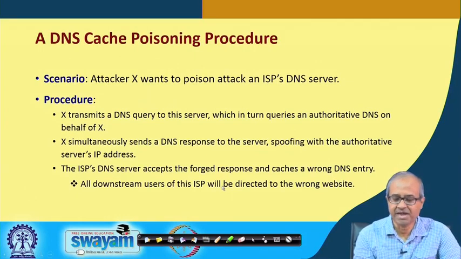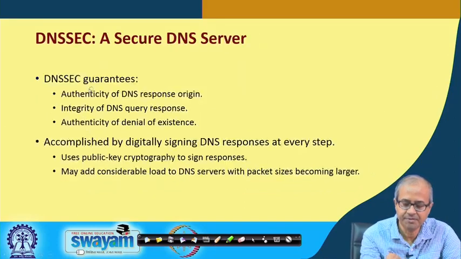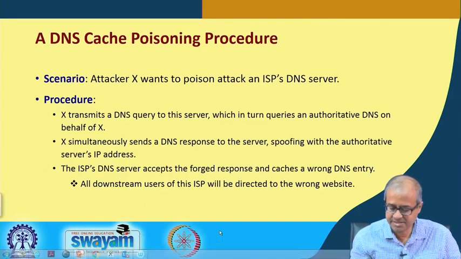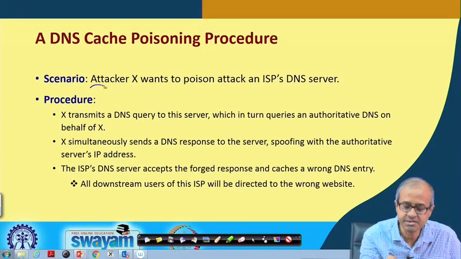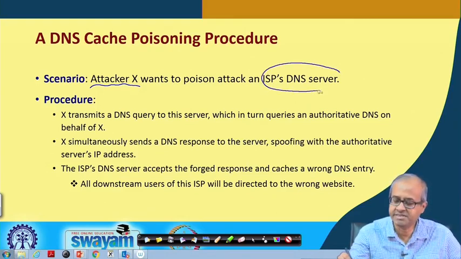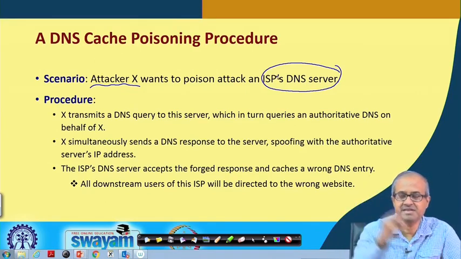Now, one mechanism for DNS cache poisoning I am just stating here. Let us say the scenario is there is an attacker X who wants to poison some DNS server, let us say the ISP's DNS server. My nearest ISP's DNS server, I want to poison it.